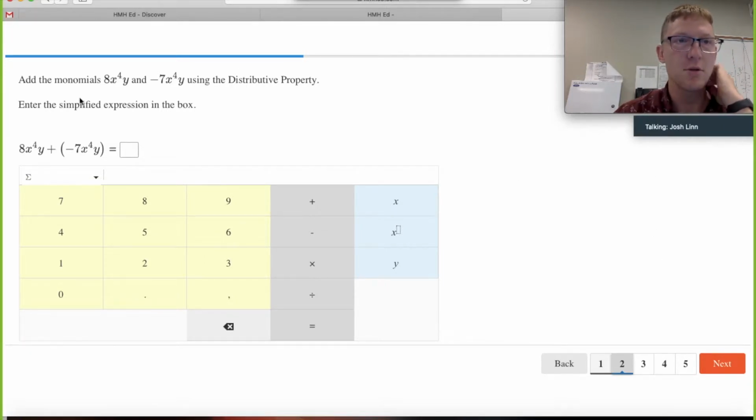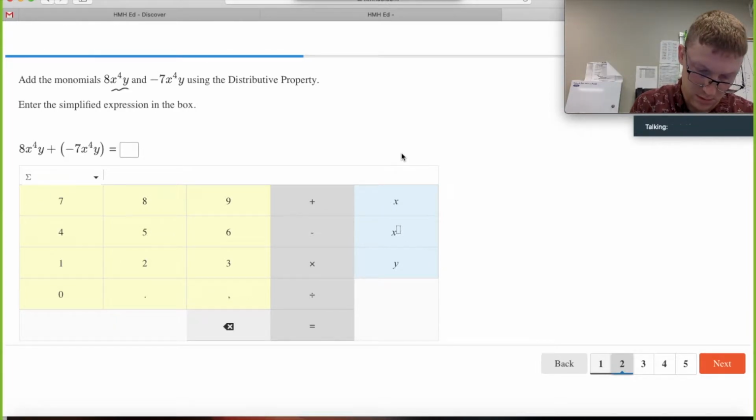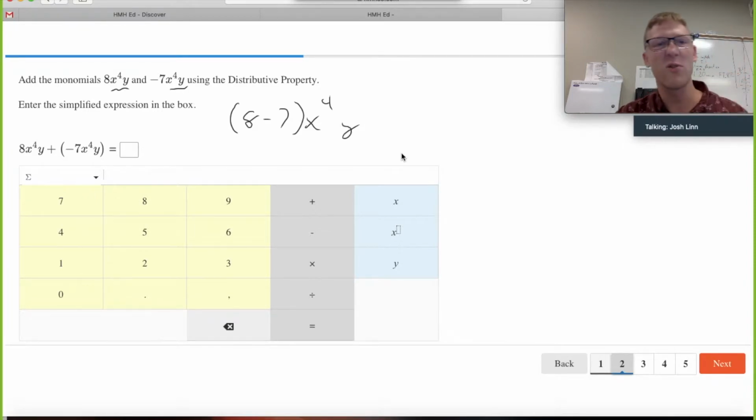All right, so now it says add the monomials, that and that, using the distributive property. So we can see that they are the same factor, so we can add them. So it's just going to be 8 minus 7 x to the power 4y.